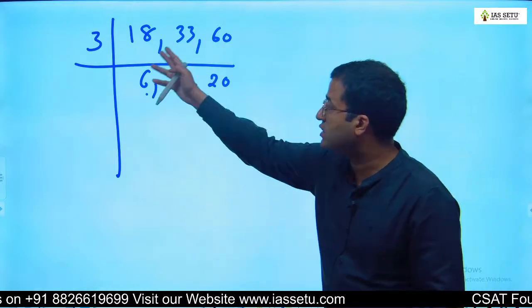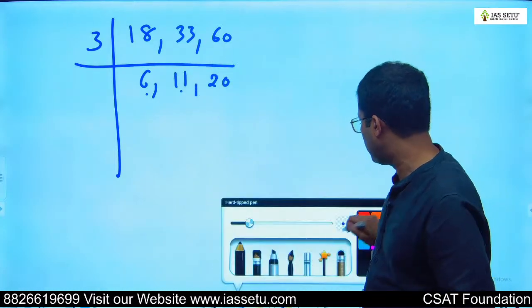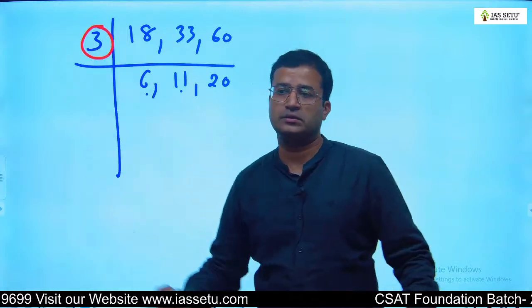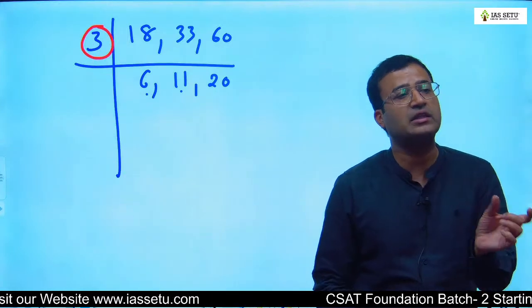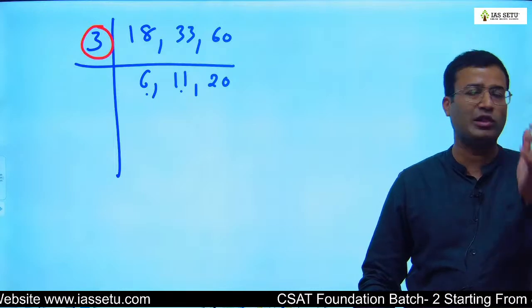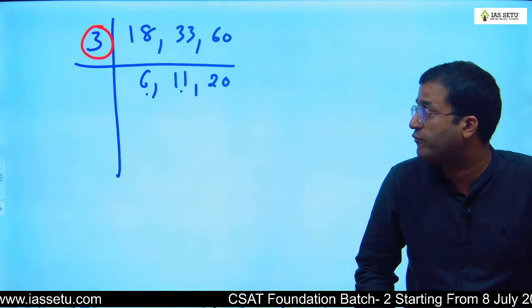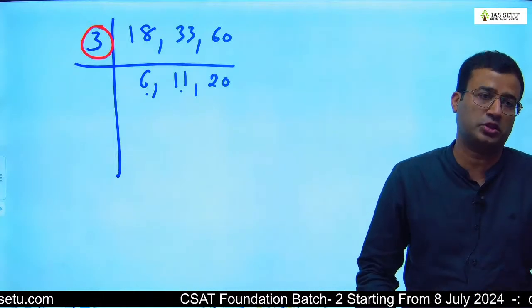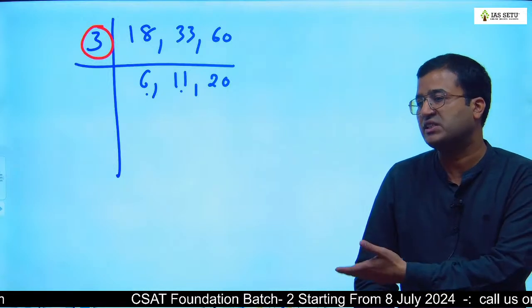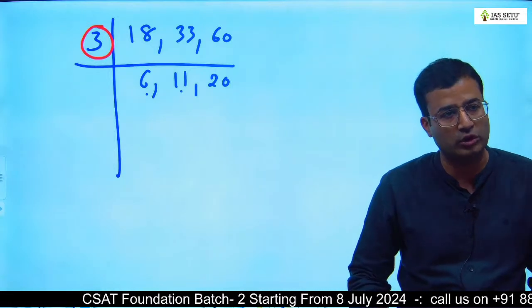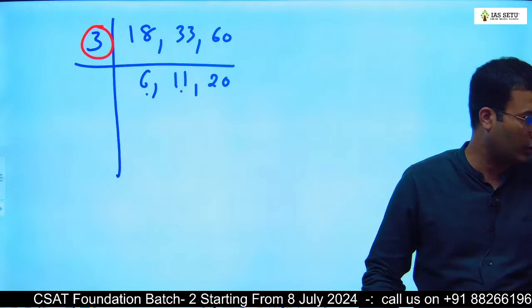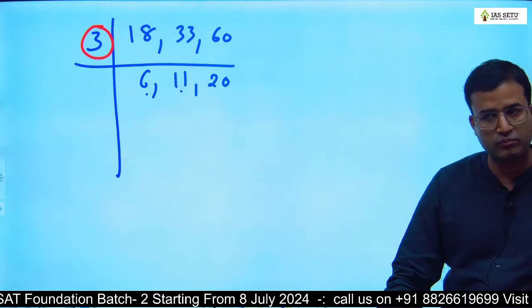So what is the HCF? Only 3 common from all the numbers. HCF is much easier. It should be one from all the numbers, then you stop. Okay, HCF is 1.